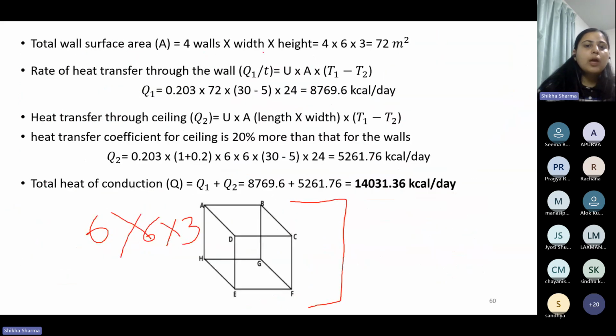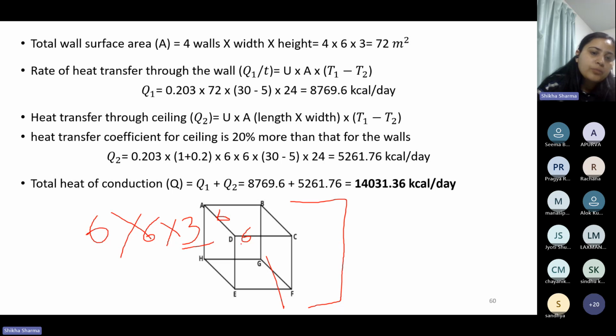So we need to calculate the heat transfer which is happening through the 4 walls of a room and from the ceiling. So 4 walls means this wall, right? For calculating area, it is length into breadth into height.